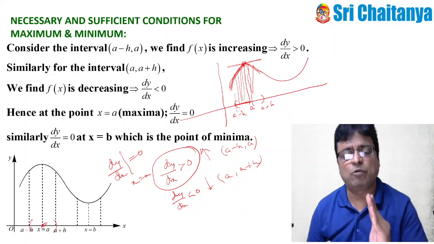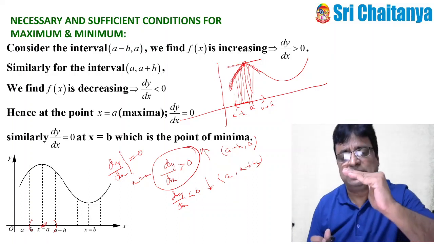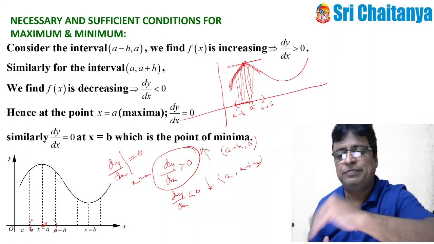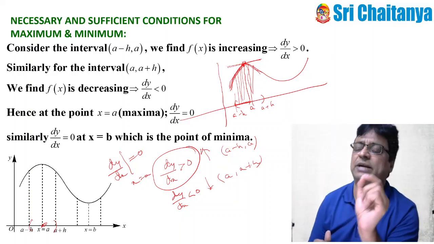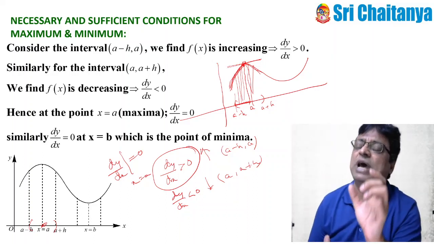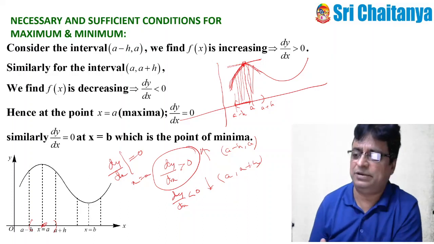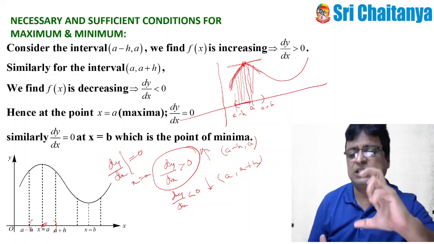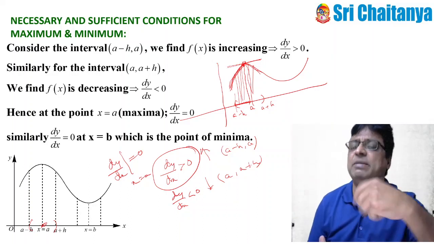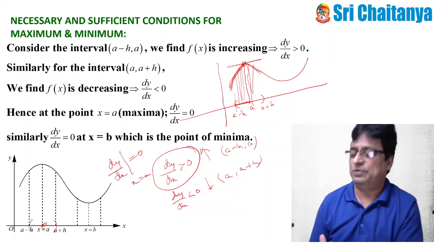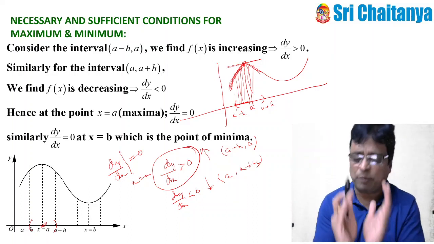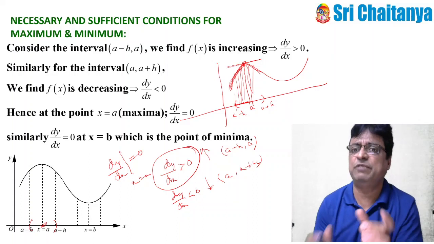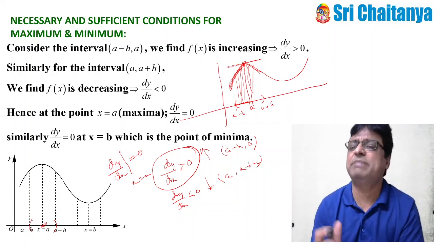So whenever the curve goes up, sits at some point and continuously goes down, we can say that at that point the curve has a maximum value. So at a maximum point, dy by dx becomes 0. At a point x is equal to a, when the derivative of the function is 0, we can say that the curve has a maximum point.